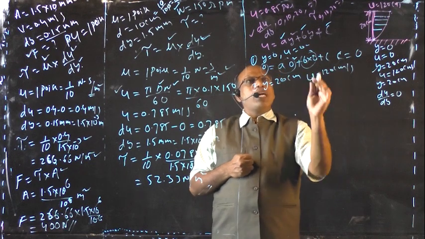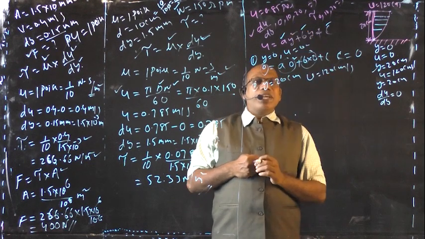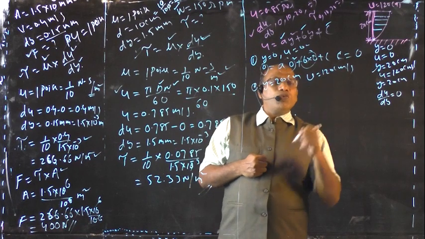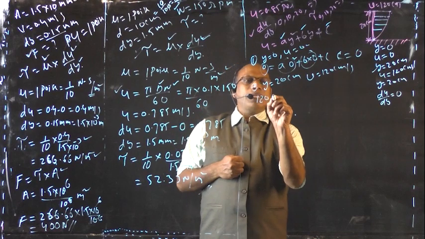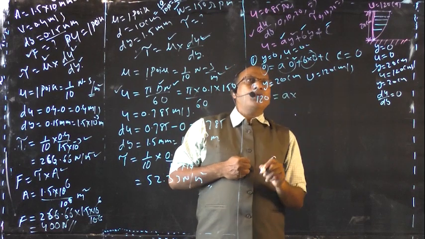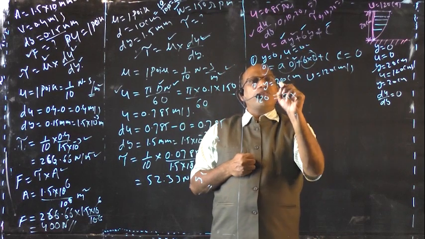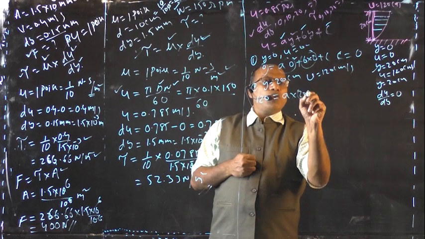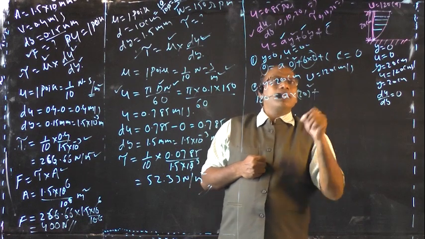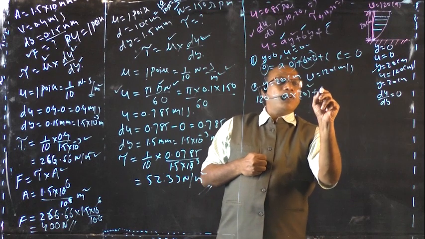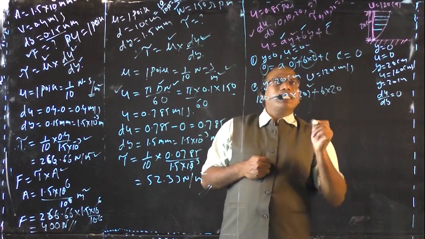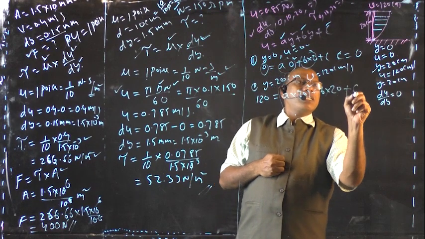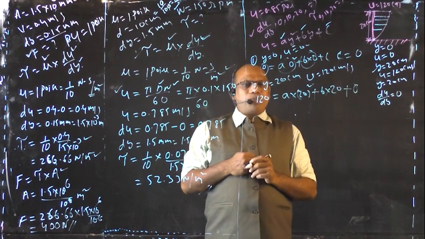Now we substitute these values in the parabolic equation: u is equal to 120 is equal to a into 20 square plus b into 20 plus c, where c is already determined as 0.